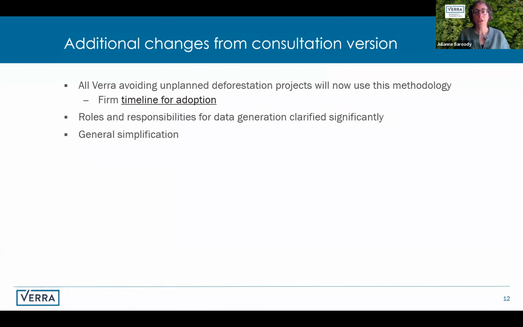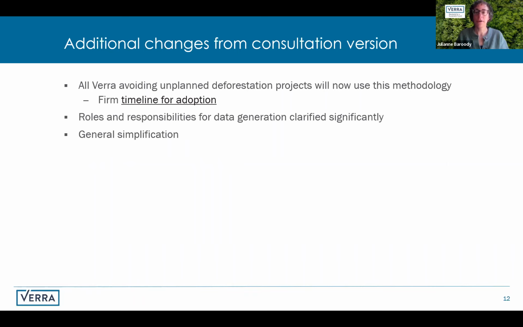So some additional changes from the public consultation version, besides the combining of all of the different modules that are out for public consultation into the new module, is that we are now calling for all avoiding unplanned deforestation projects to use this methodology. And in the future, all REDD projects will use this methodology.